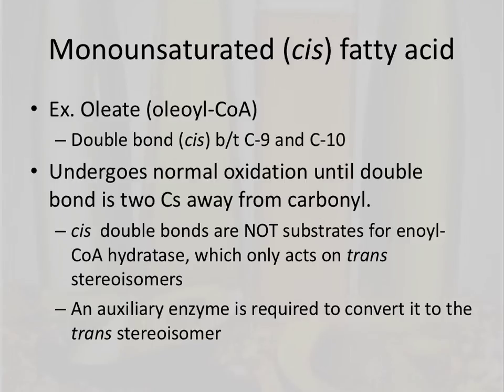And this is oleic acid. Remember, when we were doing this kind of thing, we'd have the delta 9 to tell you it's between carbons 9 and 10. So this would be a delta 9.